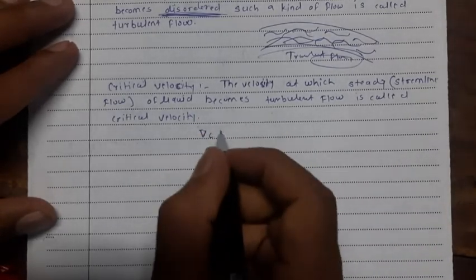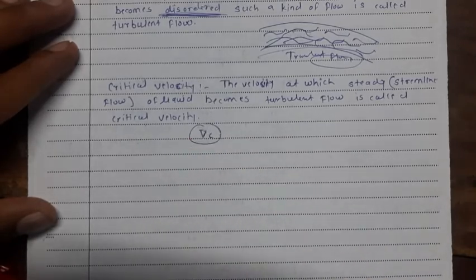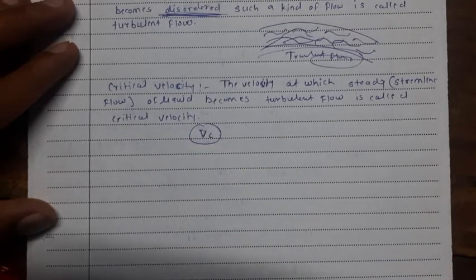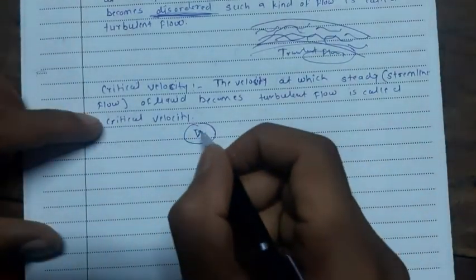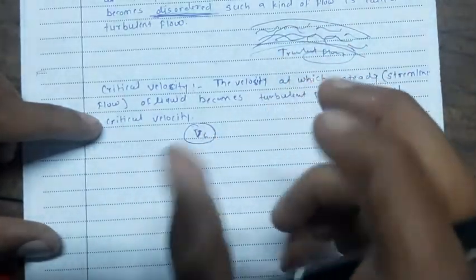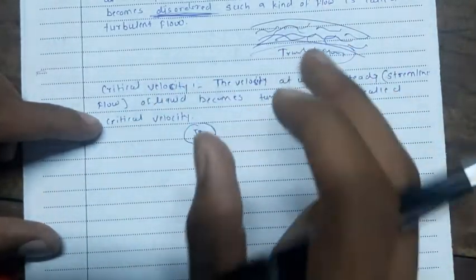It was the scientist Reynolds who gave his experimental outcomes in the form of one relation. That relation we will be deriving now, and we will verify it by using dimensional analysis. Okay, so let us start with the new topic.